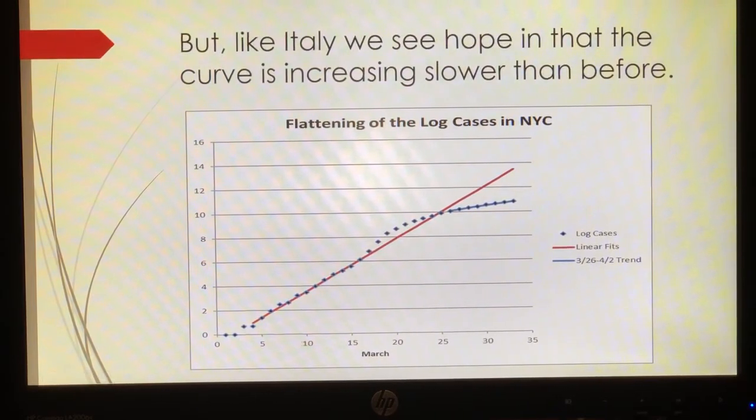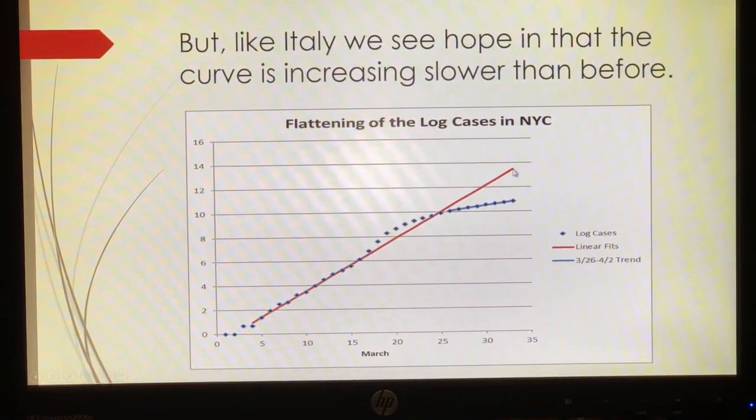But what happened, luckily, because of the social distancing measures that we put in place, is that this curve got much flatter. So the slope of this red line was about 0.4, and the slope of this blue line, which is the current trend of the last week's worth of data, is just a little bit over 0.1. So the slope of the curve today is about 1/4 what it was in early March.